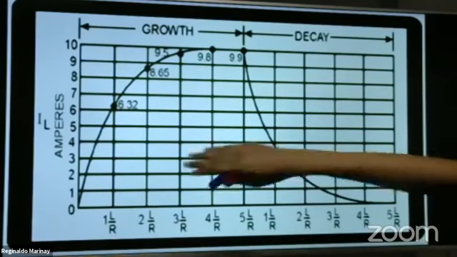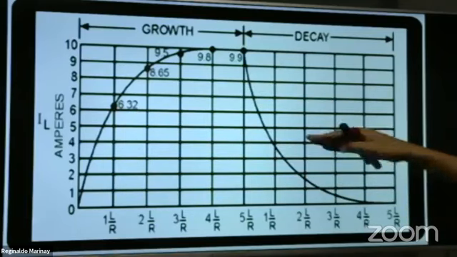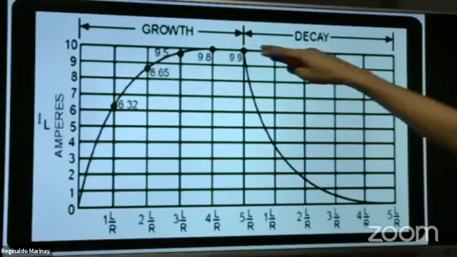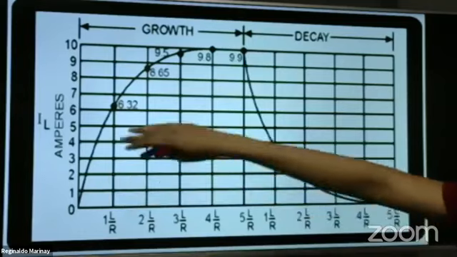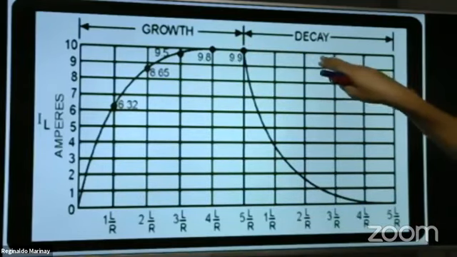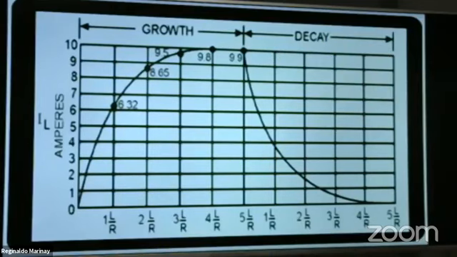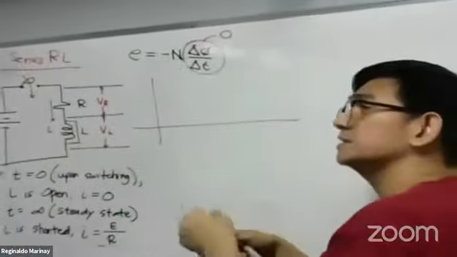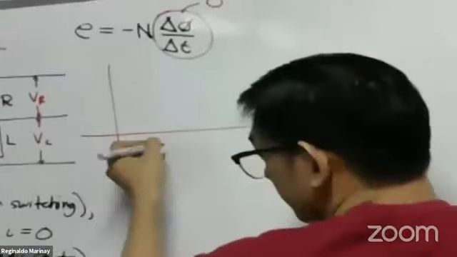That is quite a shortcut. In this figure, we don't have a steady state. So, growth first, not decay right away, so there should be a steady state first, like this. Please take a look here. A DC series RL circuit.